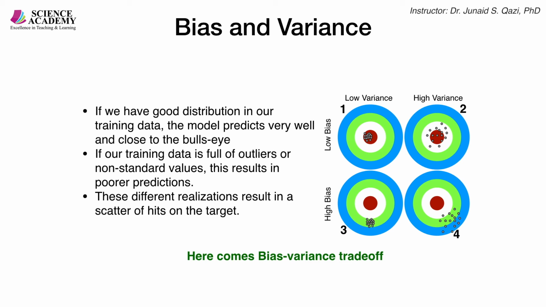On the other hand, if our training data is full of outliers or non-standard values, this results in poor predictions. These different realizations result in a scatter of hits on the target. Here comes the bias and variance trade-off.